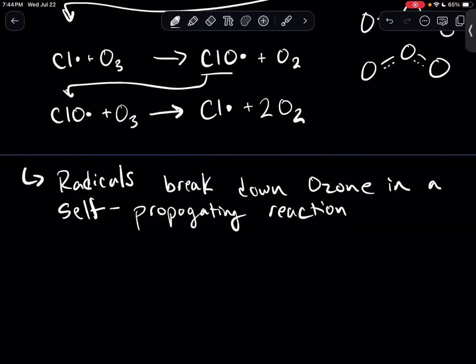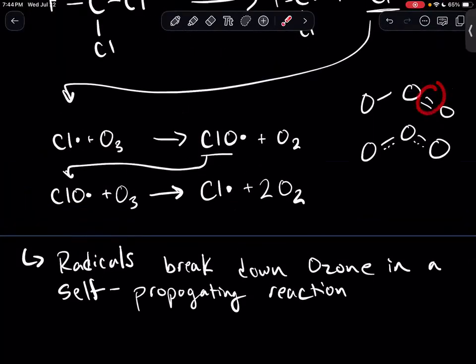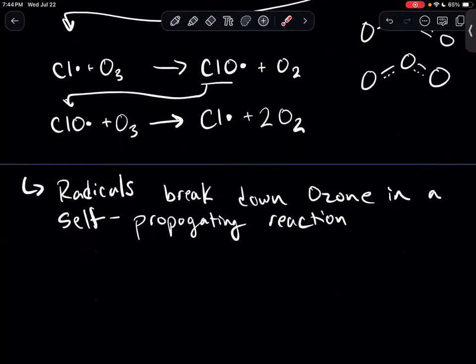One of the things that you'll note, as I mentioned earlier, is that we don't have them interacting with just this double bond, meaning they're not going to interact with oxygen. The radicals are always going to prefer those weaker bonds, and they are unable to break that oxygen-oxygen bond.